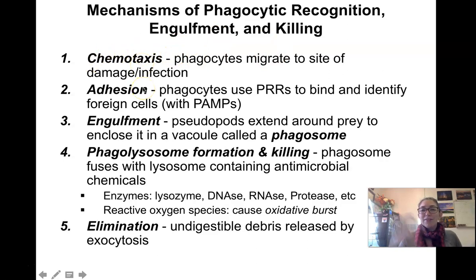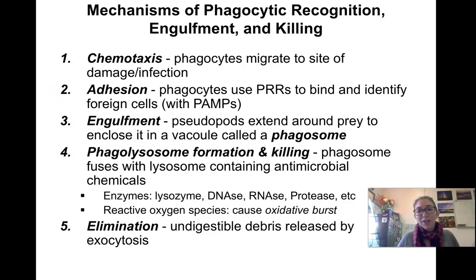Then they will need to stick to the wall of the tissue and enter the tissue, and also recognize the foreign cell, and then they can phagocytose, engulf it. And then they will fuse that food vacuole with a lysosome to digest the microbe, and finally the microbe is digested and eliminated, and they'll release the debris particles into the environment.